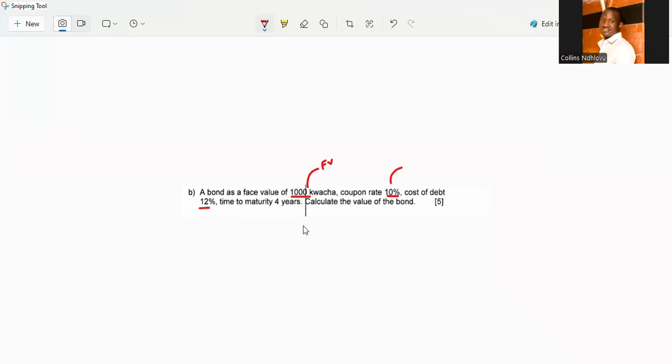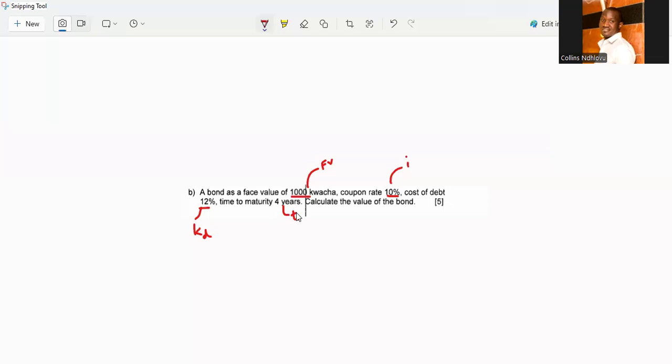One is a coupon rate and one is a market rate. One is small i and the other one is KD. Which one is which? So this is a coupon rate, capital I. This is a market rate, KD. And the time is 4 years.